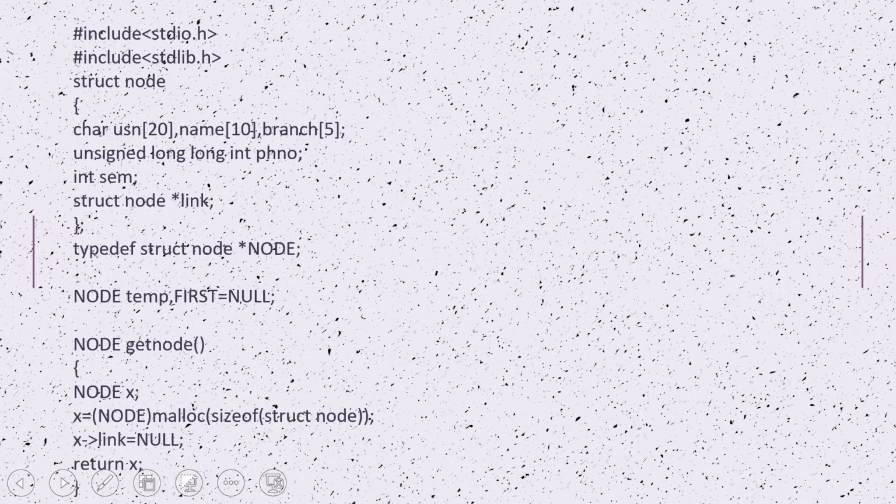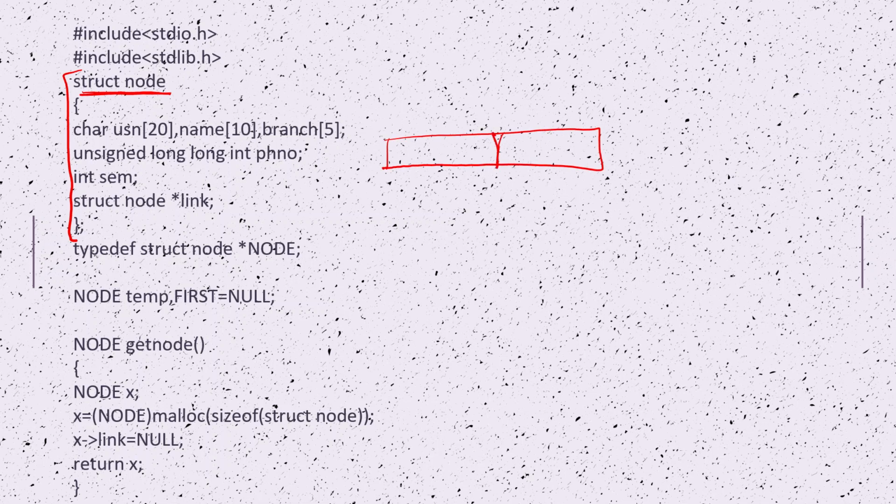Now, this part specifically is for creating the node. If you remember, this is my struct name, struct node, and we can visualize it something like this. A node is made up of two parts, data part and the link part.